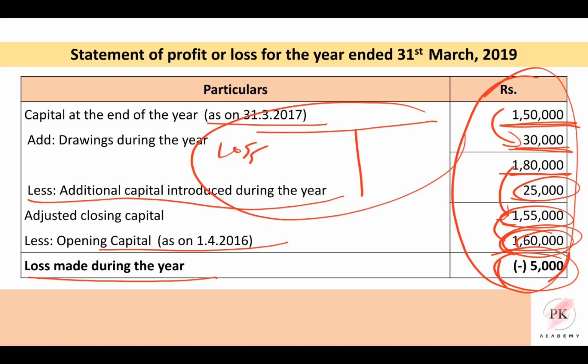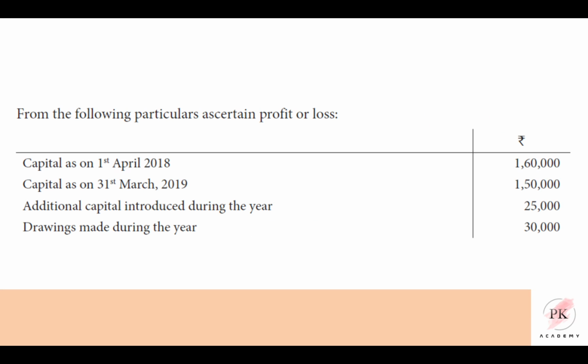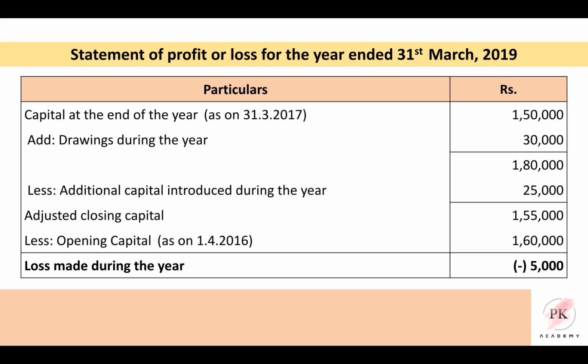But you shouldn't write this capital account in the exam because it's just a calculation trick, but you have to write this statement only. For example, if the drawings is not given, and the loss is already given, with capital given, additional given, opening given, and loss given, what will be the difference figure? Let's do a capital account.